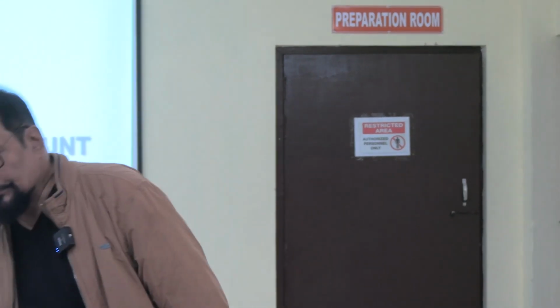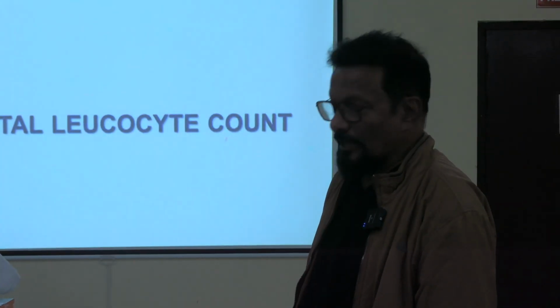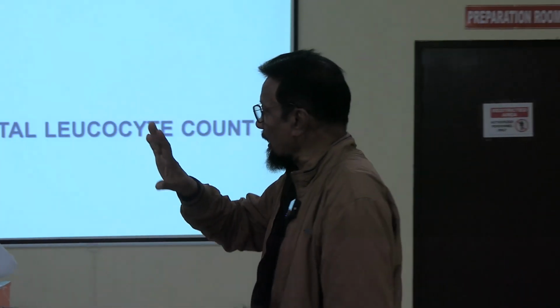What is the upper limit of normal leukocyte count? 11,000. If it goes beyond 11,000, we call it leukocytosis. Similarly, when the value goes below the normal range, below 4,000 per cubic millimeter, then we'll term it leukocytopenia.